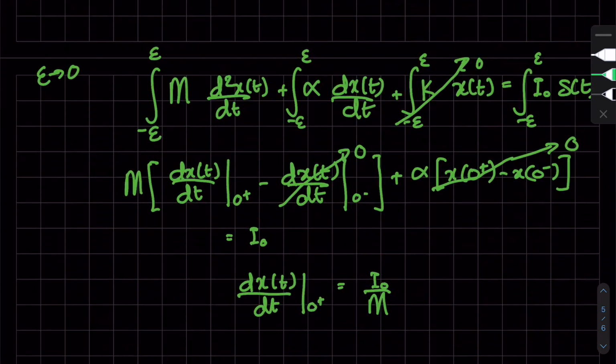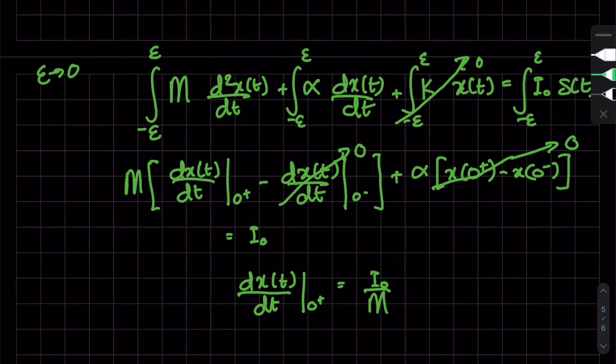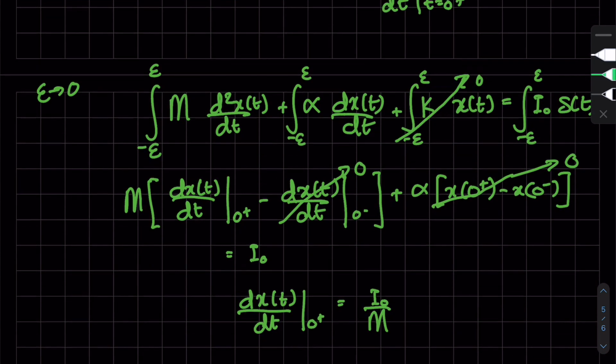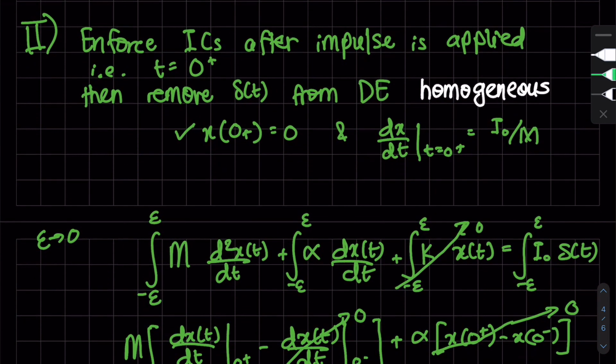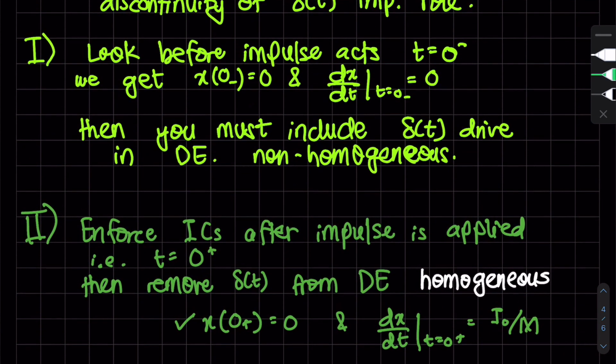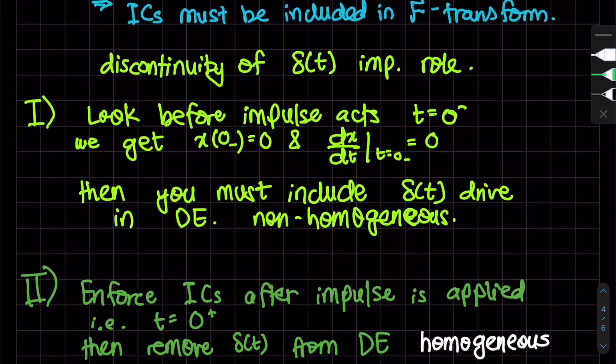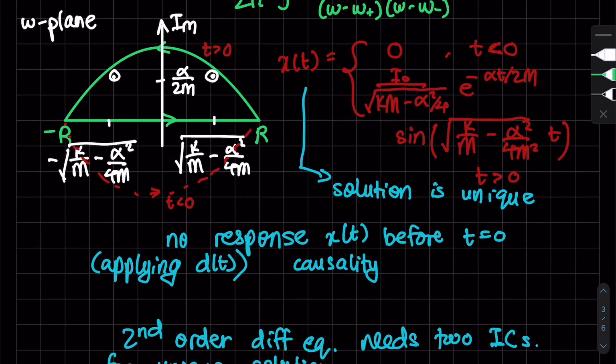The differential equation you would be solving is essentially this, but with the boundary conditions of this: x of 0 is 0 and the first derivative is I naught over m, which is probably why you see that we have a sine, because x of 0 in both cases is 0, so the sine makes sense.